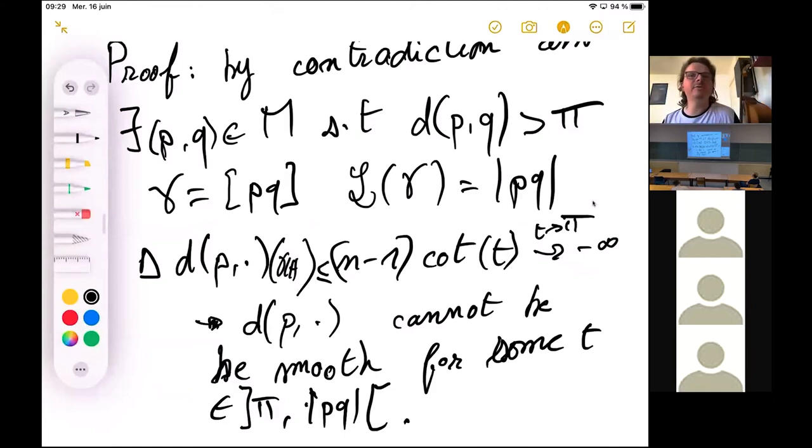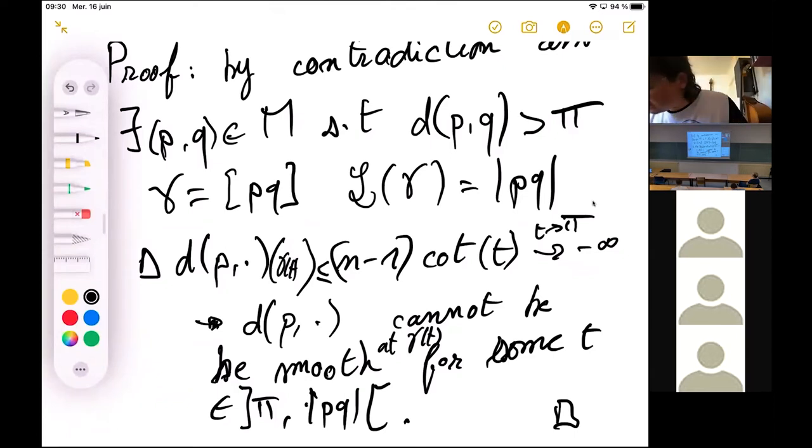Since these are interior points, d cannot be smooth at gamma of t for some t inside this interval. And so that's a contradiction, because inside the minimizing geodesic from P, the distance function has to be smooth in the interior of any minimizing geodesic. The distance from the endpoint has to be smooth. Okay.